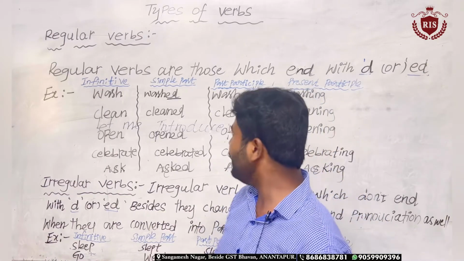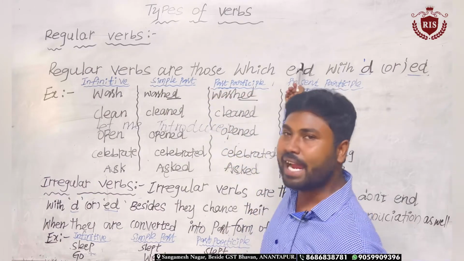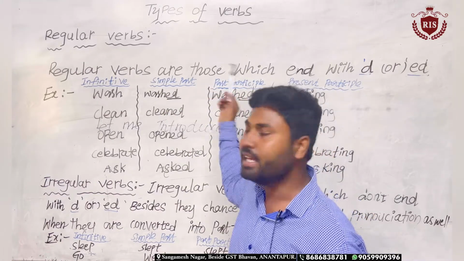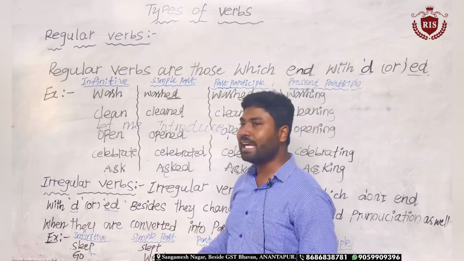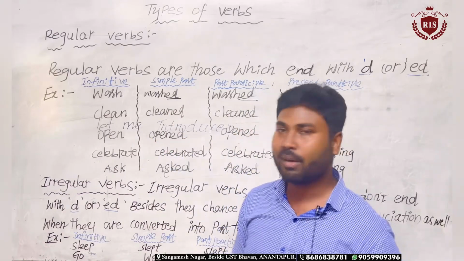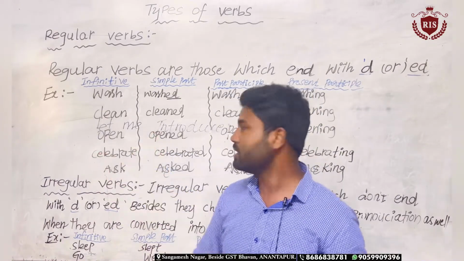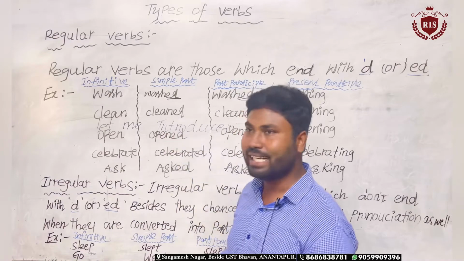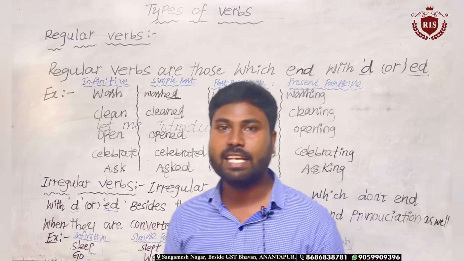So what is the definition? Regular verbs are those which end with D or ED. So this is one of the examples, and the second one is clean. The infinitive form of the verb is clean. When we convert that verb into the simple past, it becomes cleaned. Again, the verb ended with ED.